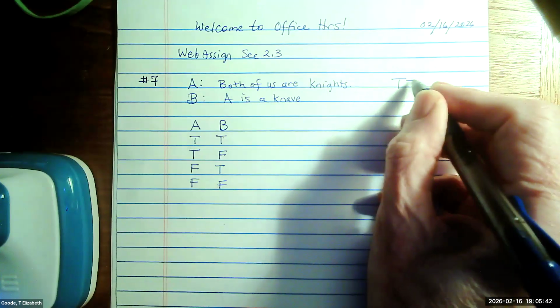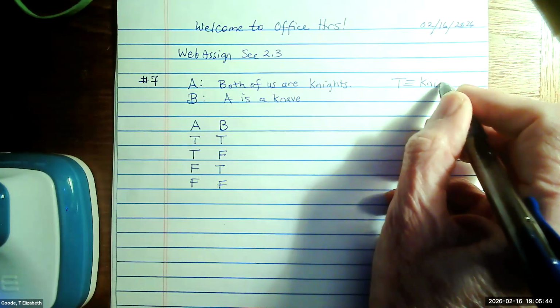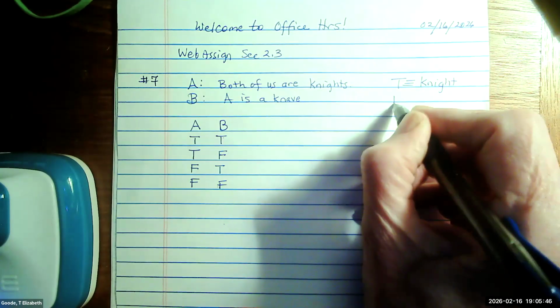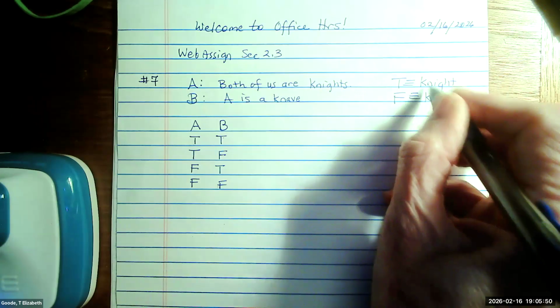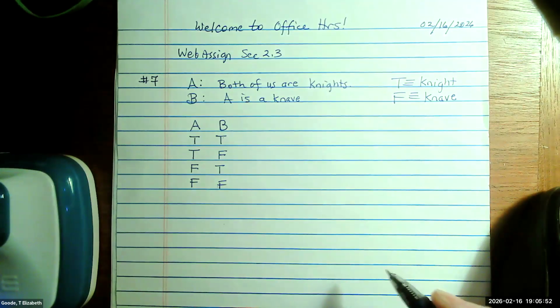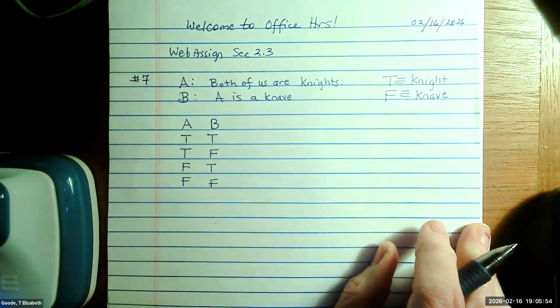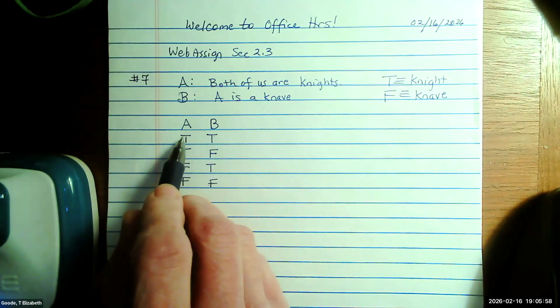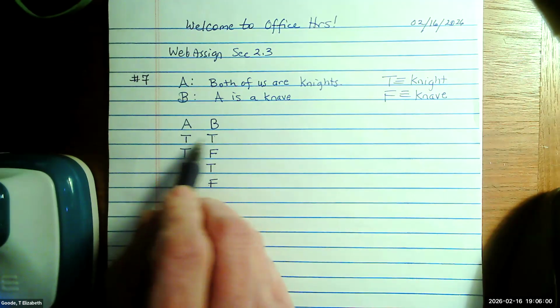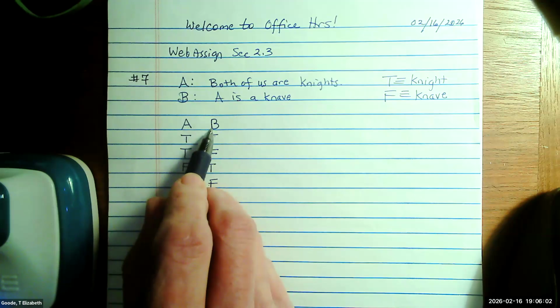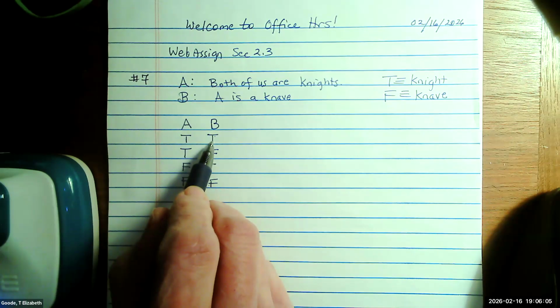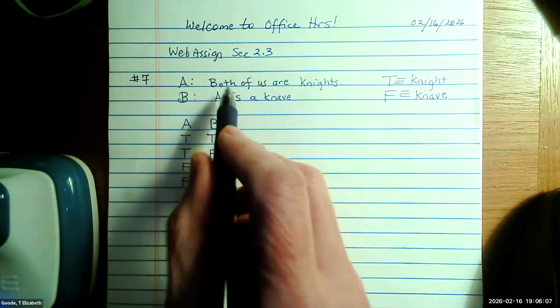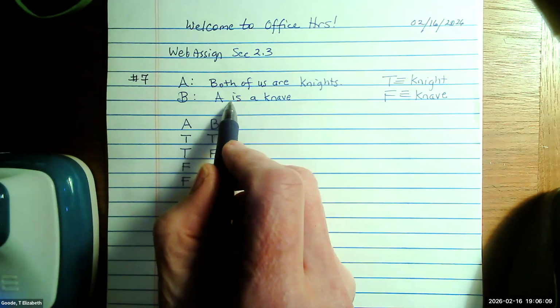Because true is the same thing as telling the truth, so that would be a knight, and false would be a knave. Yeah, the K is silent. So let's go through row by row and see if the truth assignments for A and B could possibly work out given what they say.